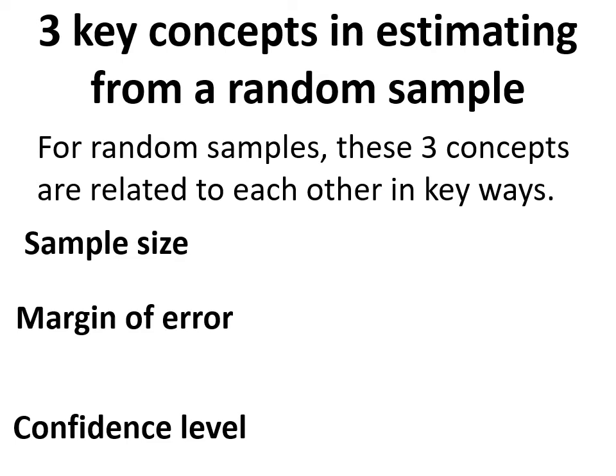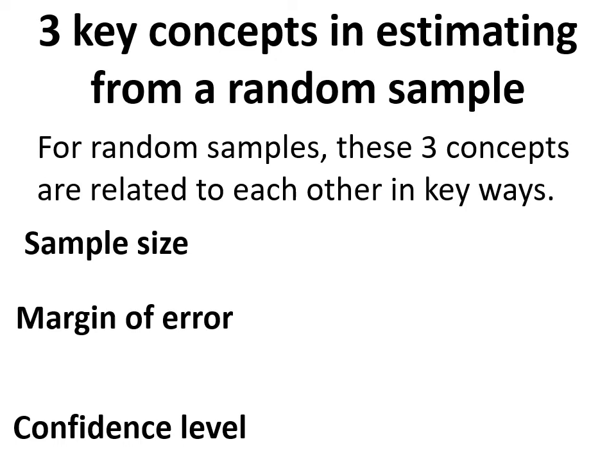Your textbook does a reasonable job of discussing three concepts that are related to estimating from a random sample. I don't want to spend a whole lot of time on this because, again, this is something that you'll cover more in a stats course in your third year, but there's sample size, margin of error, and confidence level.